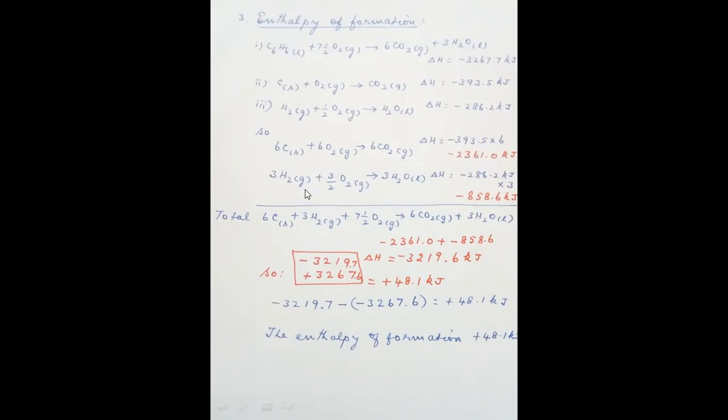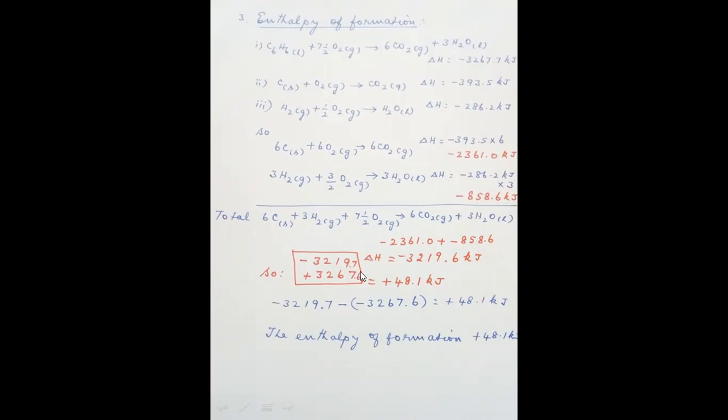When 3 molecules of hydrogen are burnt, you can multiply this by 3 and it is minus 858.6 kilojoule. So when you add this and this, you are getting minus 3219.6 kilojoule. So this must be the enthalpy of combustion when 6 carbon and 6 hydrogens are burnt.